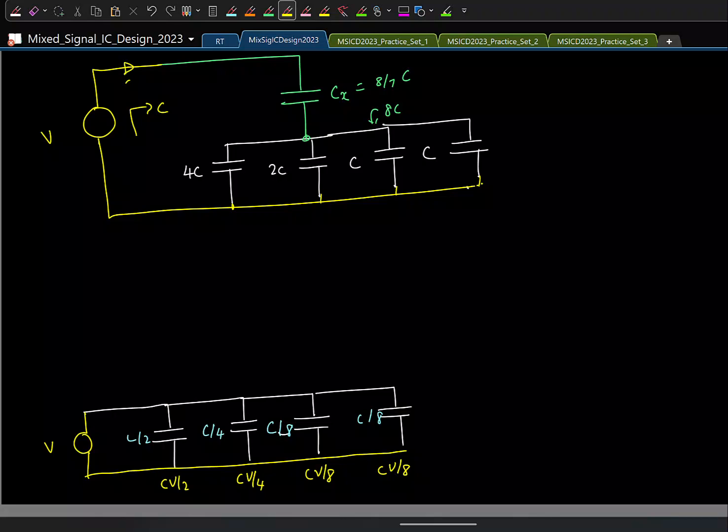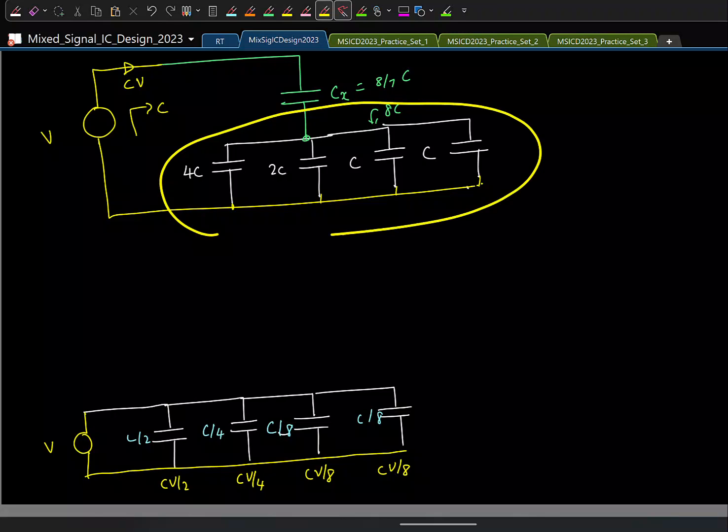So the charge that flows here is C times V. Now this charge of C times V flows through a series combination of Cx and 8C. What can you say about the charges stored in the two capacitors? I have a charge of CV flowing into two elements in series. The charge stored will be the same. So the charge stored in this entire 8C capacitance is CV.